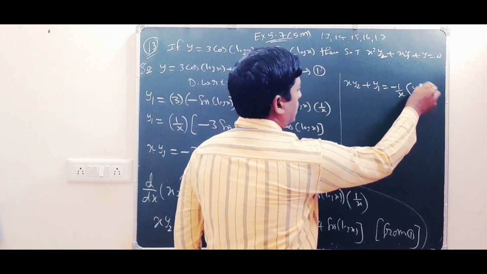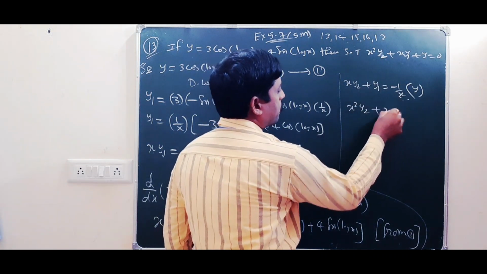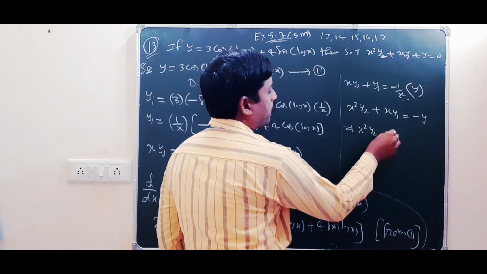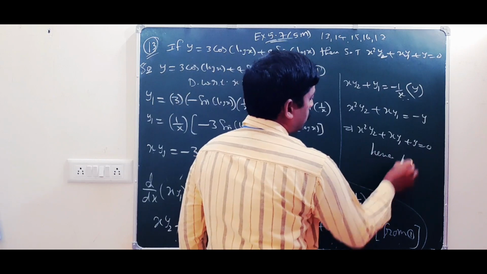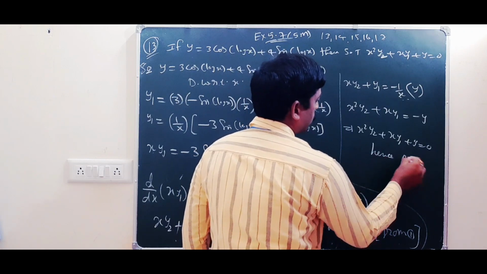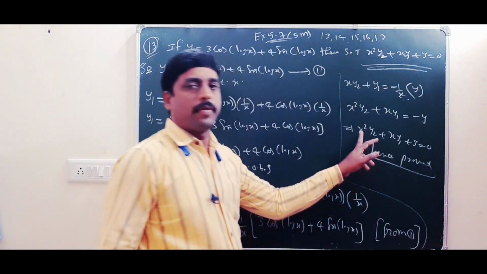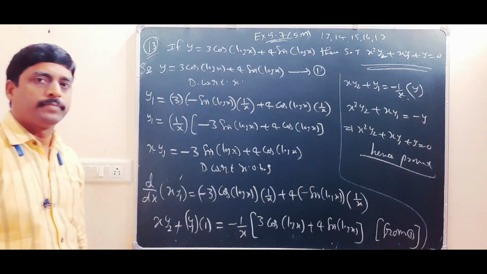Let us do the cross product: x square y2 plus xy1 equals minus y. Bring this minus y to the left side: x square y2 plus xy1 plus y equals 0. Hence proved. So what is the answer? x square y2 plus xy1 plus y equal to 0.